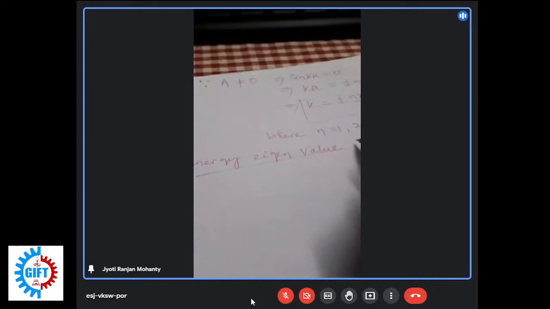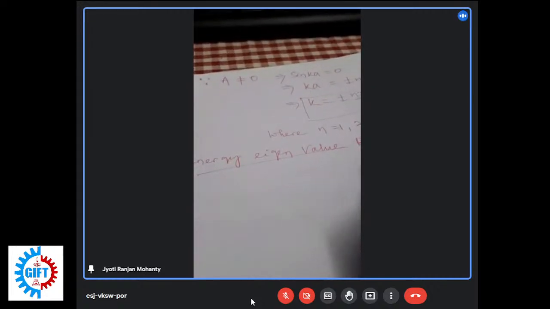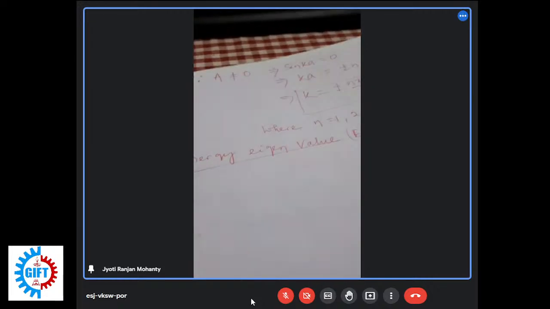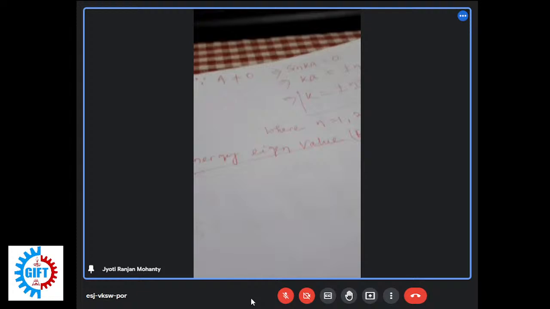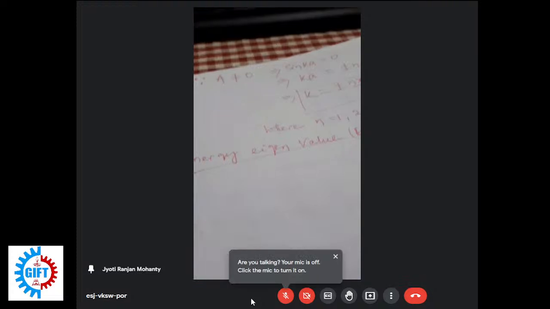What is the energy eigenvalue of the particle? From equation 2, del square psi by del x square plus k square psi is equal to 0, where k square is equal to 2m by h cross square into E.